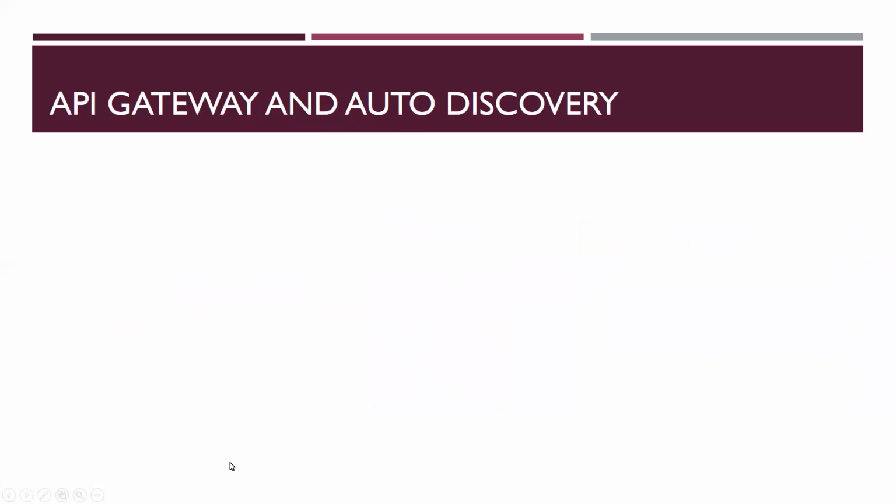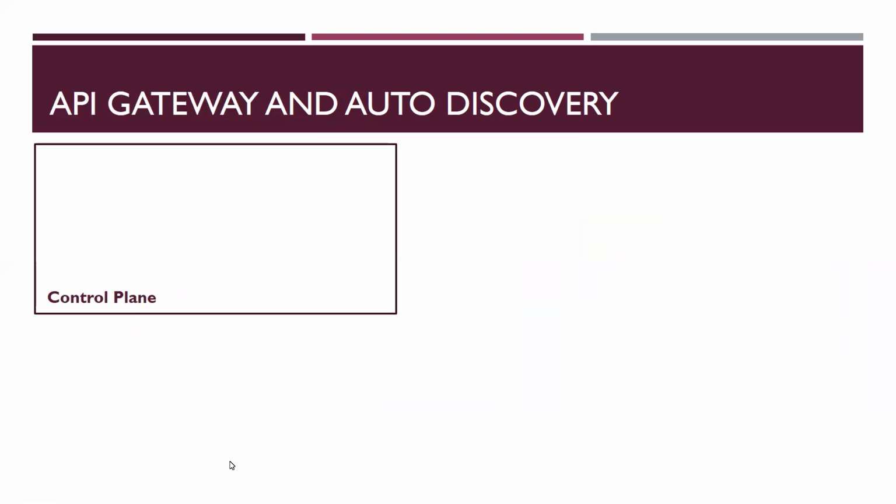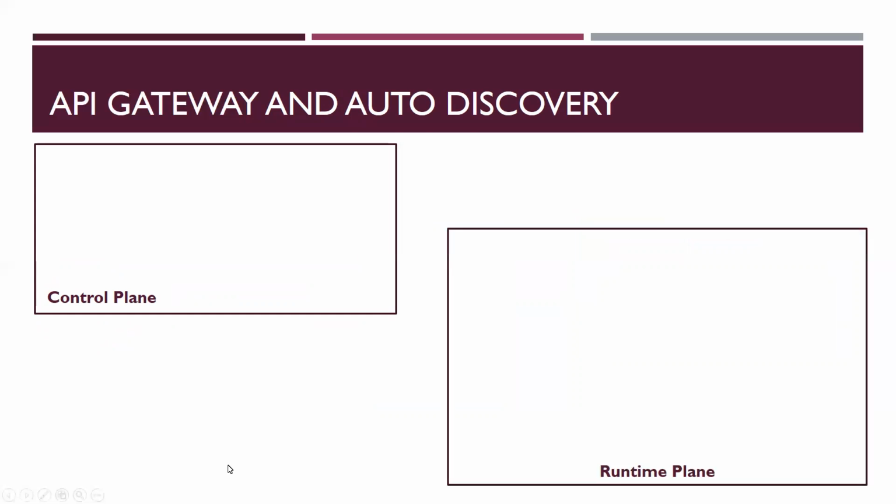I'm good. Okay. So in Mule, we have two things: Mule runtime and control plane. What do you mean by Mule runtime, and what do you mean by control plane? A control plane is when you are logging in to Anypoint Platform. In Anypoint Platform, you have Runtime Manager and API Manager.